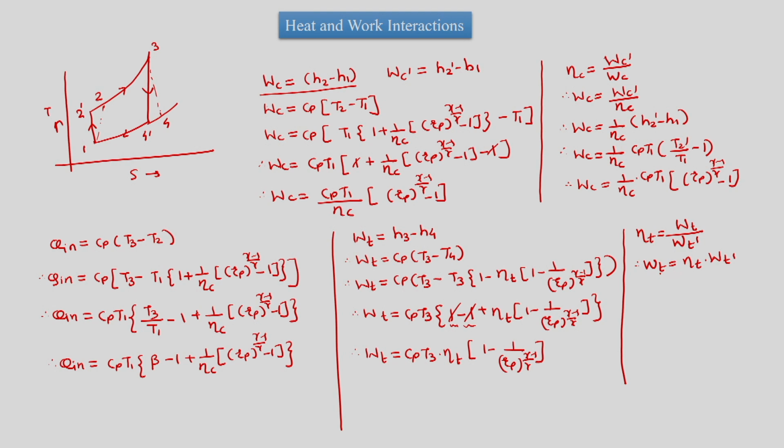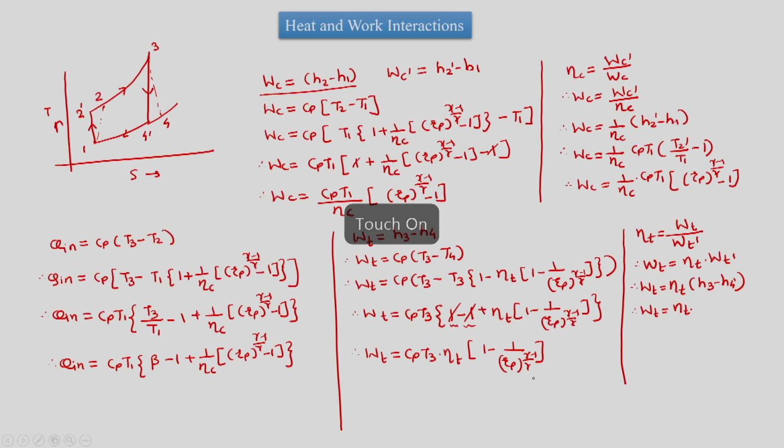So further, if we find it by the alternative method, then we have Wt is equal to eta T into H3 minus H4 dash. So we get eta T, and we can take T3 common from here and Cp also common. So it will become 1 minus T4 dash divided by T3.